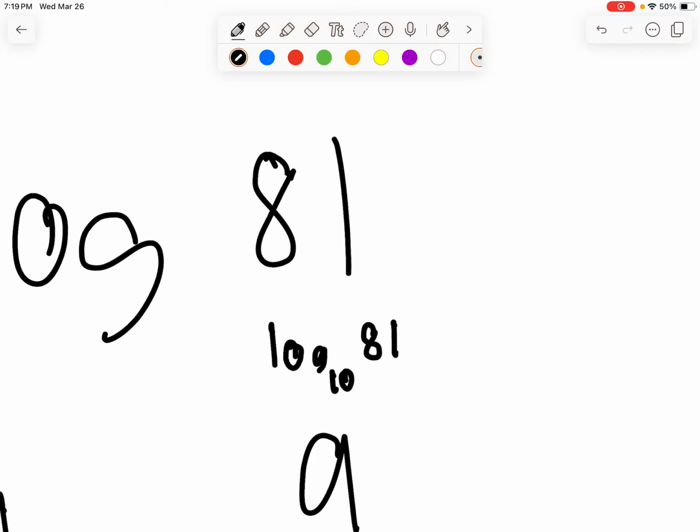If you were to just take the square root of 81, you'll get 9, technically speaking plus or minus 9, but we're just going to say 9. I'll just look at the positive one, because logs can't be negative, so you get to ignore the negatives.